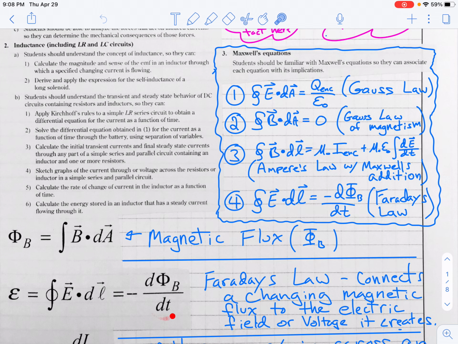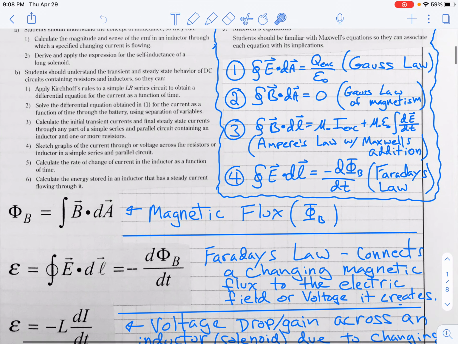So a change in magnetic flux you could use to find the electric field that's created. You could also use it to find the voltage that's created, like in a loop of wire or something. Most of the time, you will use the left side of Faraday's law and the right side. It's not often that I have seen in the FRQ questions where you have to use this middle component.